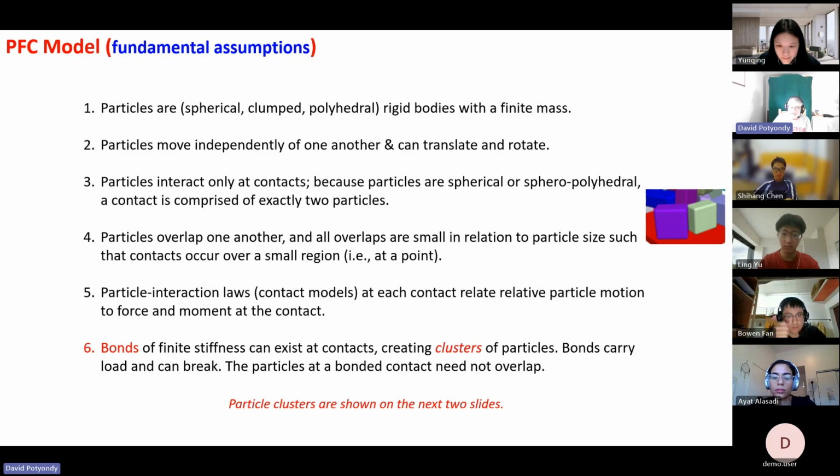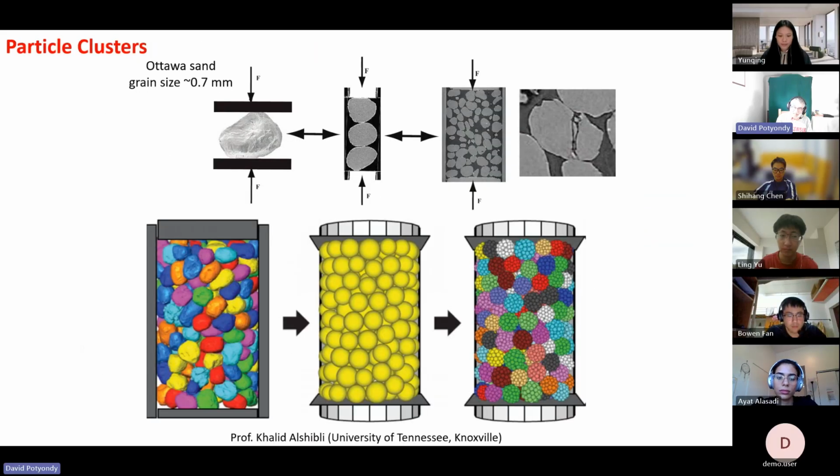Okay. And what people then will often do is they take these simple models and put them together in creative ways, and they can create a cluster of particles. So here's a cluster of particles. Here is real grains of sand that have been digitized with all this crazy scanning technology that people have nowadays. Based on that scan, they know the centroid of each of these.